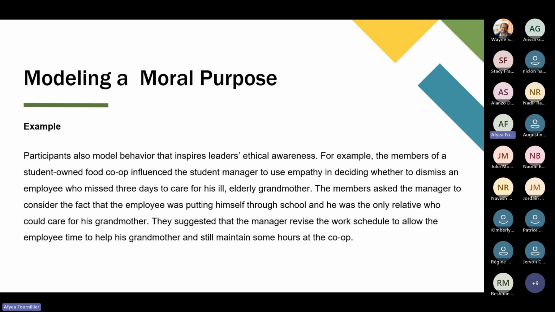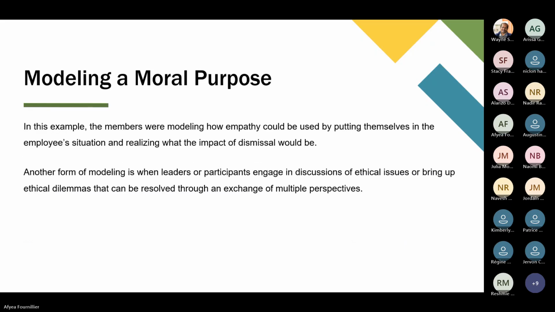The members asked the manager to consider the fact that the employee was putting himself through school and he was the only relative that could take care of his grandmother. They suggested that the manager revise the work schedule to allow the employee time to help his grandmother and still maintain some hours at work. In this example, the members were modeling how empathy could be used by putting themselves in the employee's situation, realizing what the impact of dismissal would be on the employee.